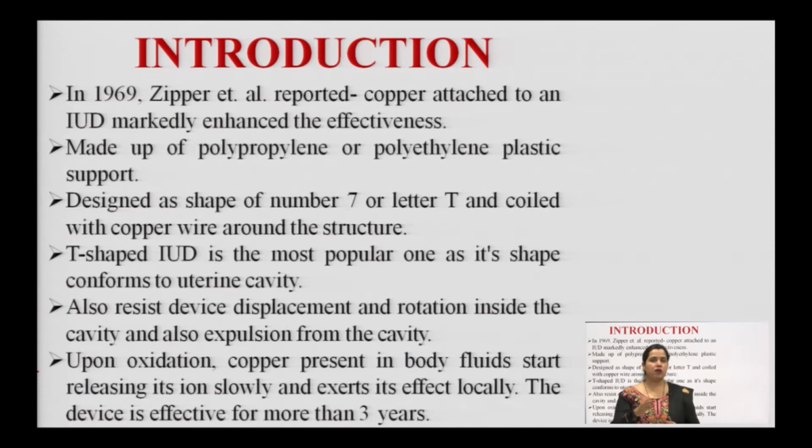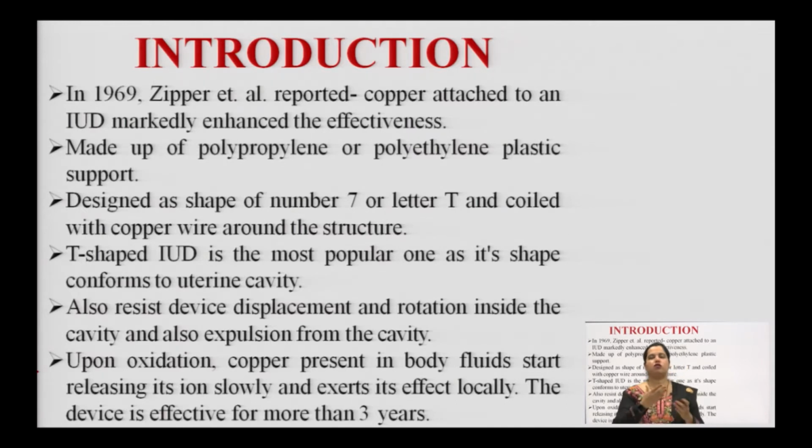The expulsion rate of these IUDs comes under the disadvantages of IUDs, and this is the reason most women discontinue the treatment, or the treatment does not have that much efficacy.